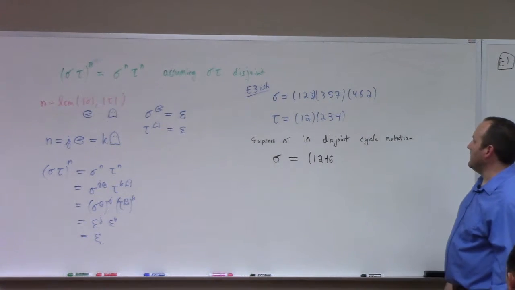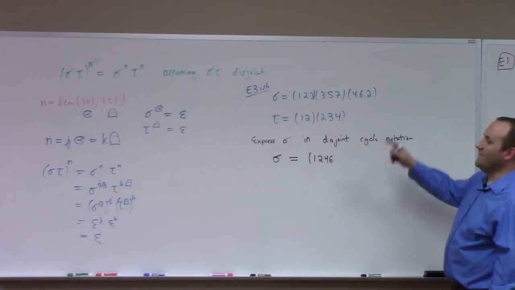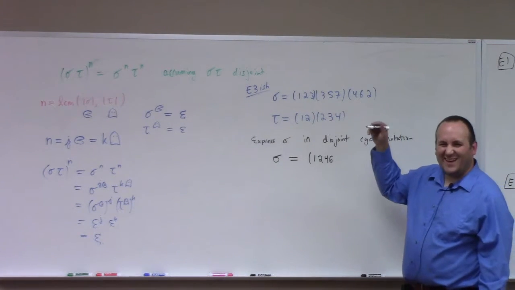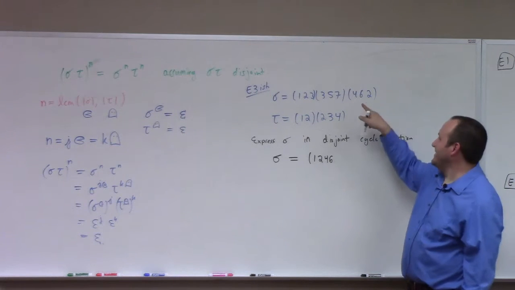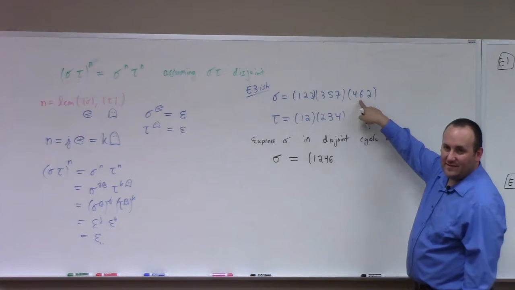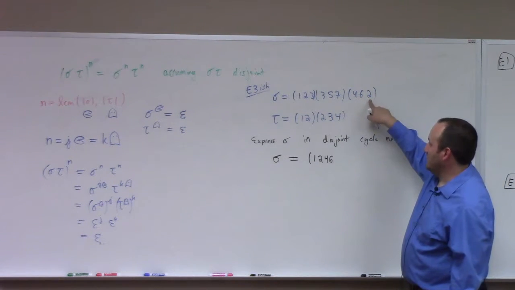Oh, I've done something wrong. No. Oh, I'm not done yet, though. I'm sorry. I keep forgetting. You've got to finish what you started, right? So I go to 6. 6 goes to 2.